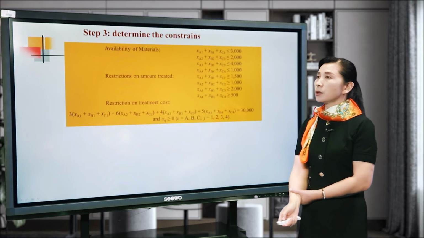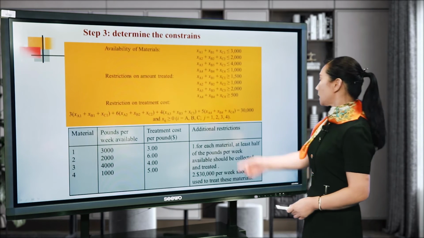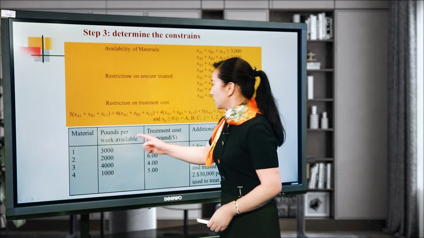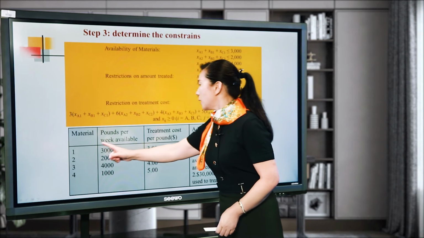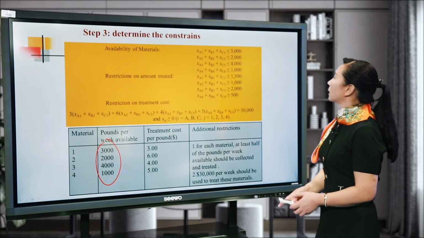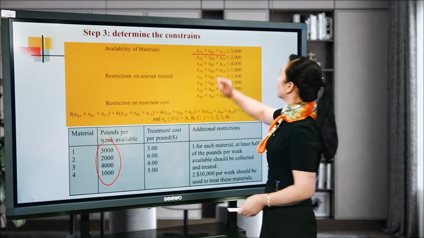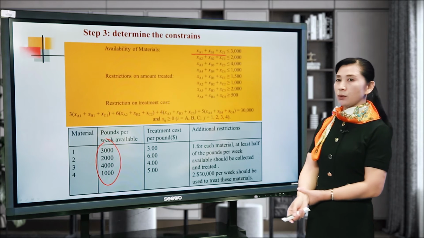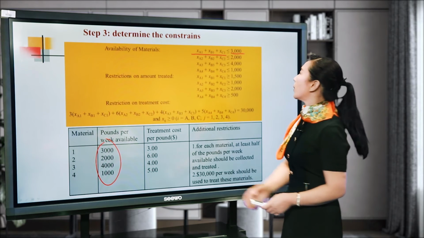The second kind of constraint is the availability of materials. In this table, we notice that the amounts of materials 1, 2, 3, 4 available each week are these numbers. So we can express it as: this is material 1 used in producing products, and this is the available material 1.